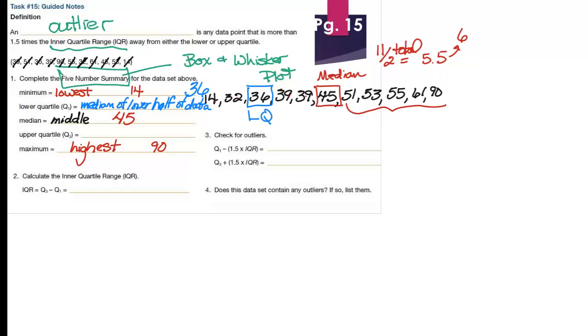Sometimes they will also call it quartile 1. And that is just the middle of the lower half of data. So what do you think the upper quartile means? The median, let's use our fancy math words, okay? Median of the upper half of data.